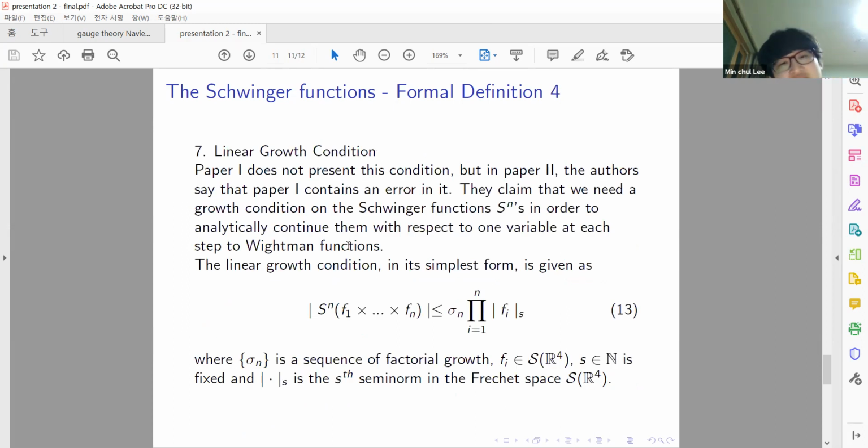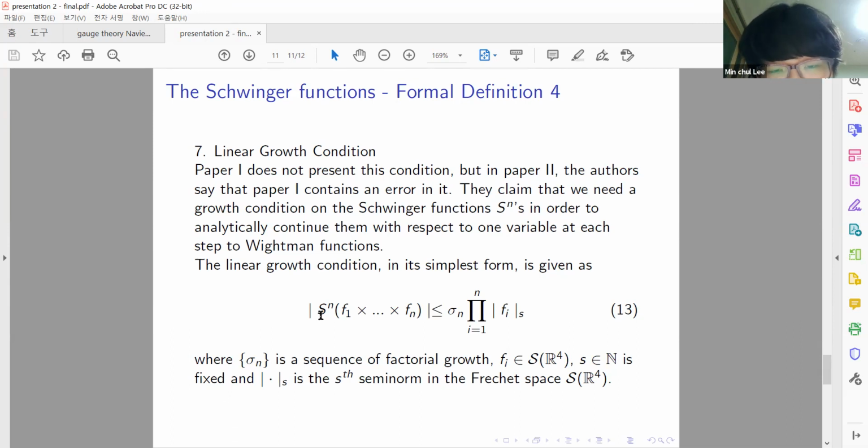And lastly, there is a linear growth condition. Paper 1 does not present this formula 13th, but in paper 2, the authors say that paper 1 contains an error in it. They claim that we need a growth restriction on the Schwinger functions S_n in order to analytically continue them with respect to one time variable at each step to Wightman functions.